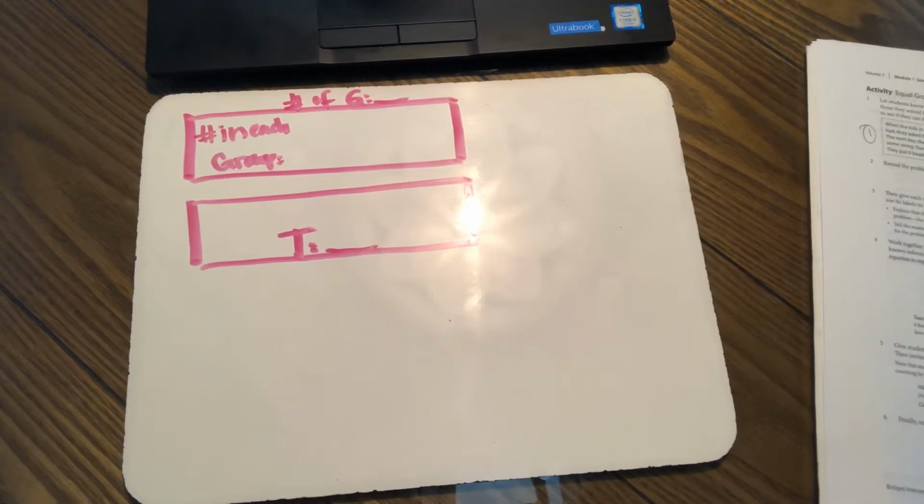So let's think about that. There were 24 beads that the boys used in all, and they put 6 beads on each bracelet, right? So we know those parts, and we need to find out how many bracelets they made, or how many groups of 6 there are in 24.